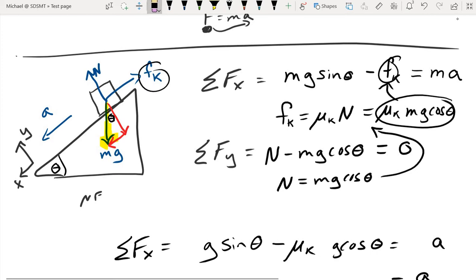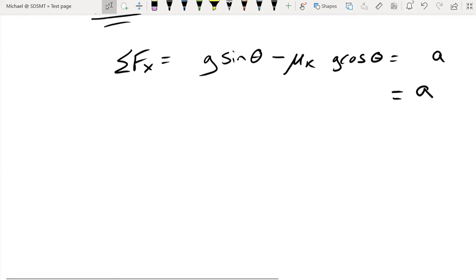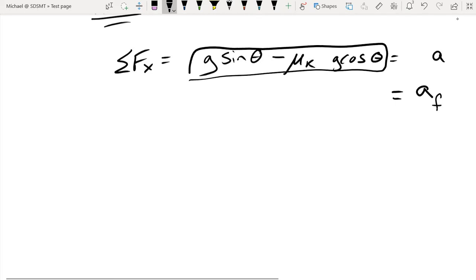So let's make an amendment there and say that this is the friction slide. We can come back and do the non-friction slide in just a few minutes. So now I have the acceleration of the pig as it's traveling down the friction slide.